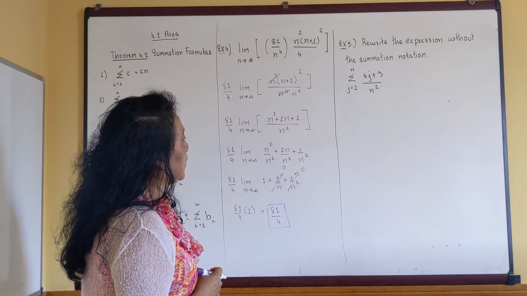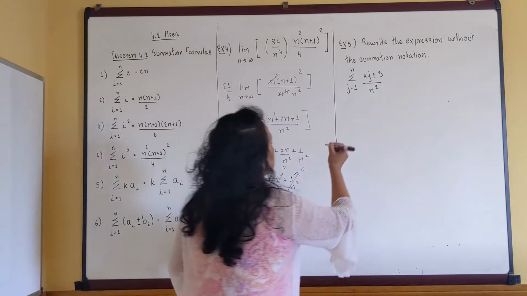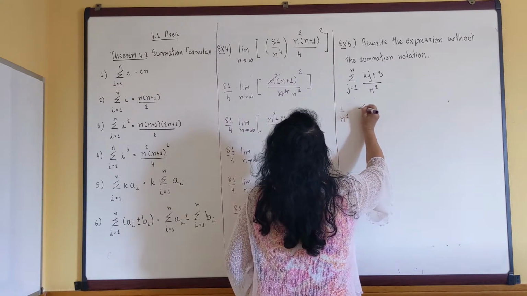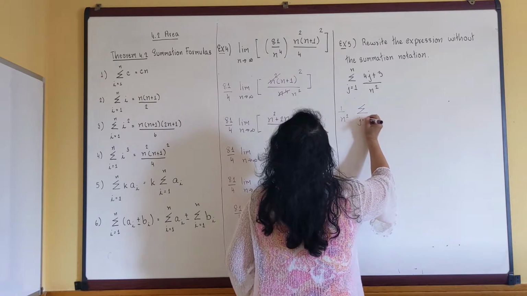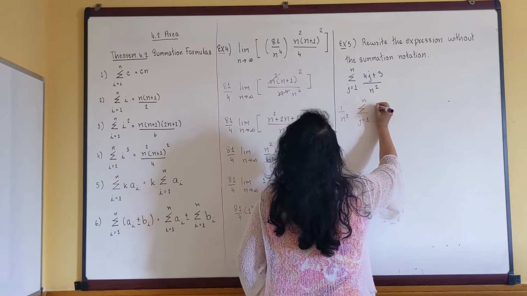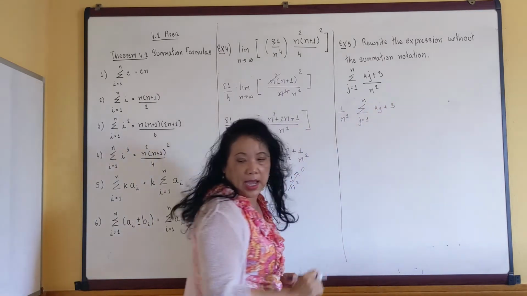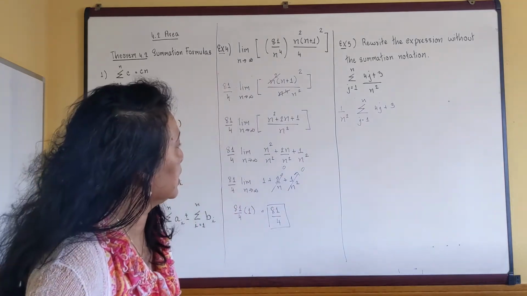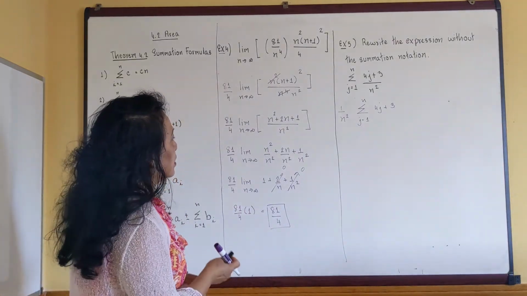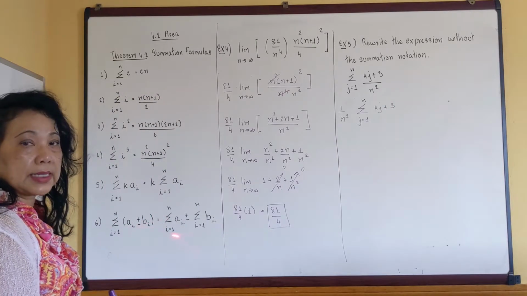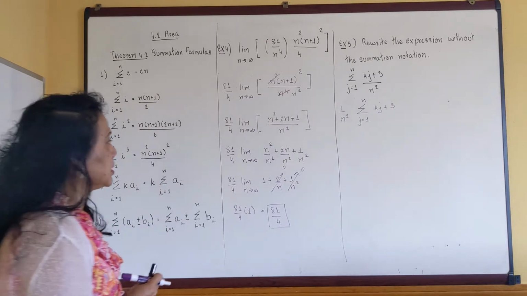So the first thing I'm thinking, I'm going to take out the constant, which is 1 over n squared. I'm left with sigma j from 1 to n of 4j plus 3. Here I have two terms, so I'm going to apply number 6.